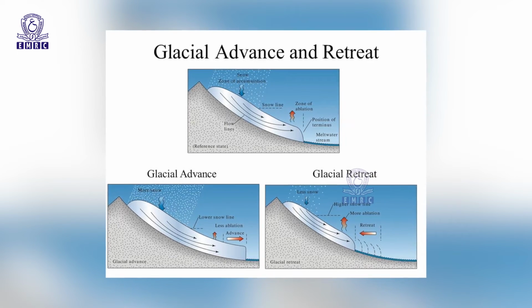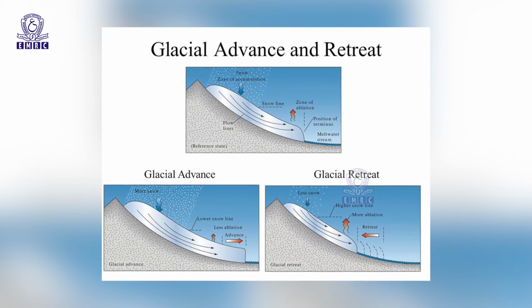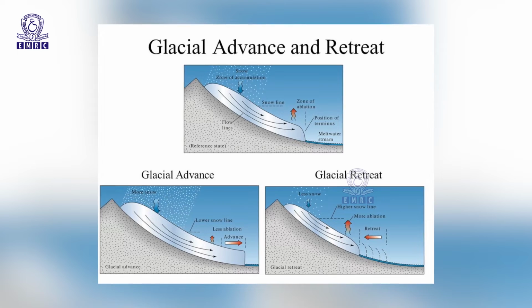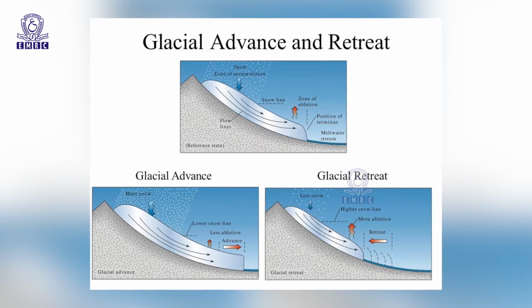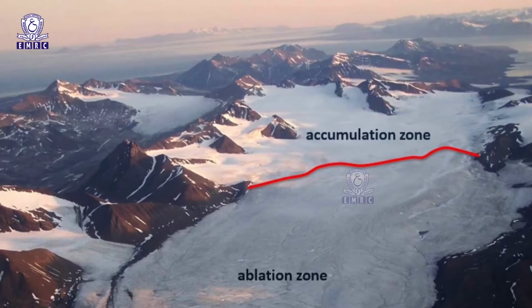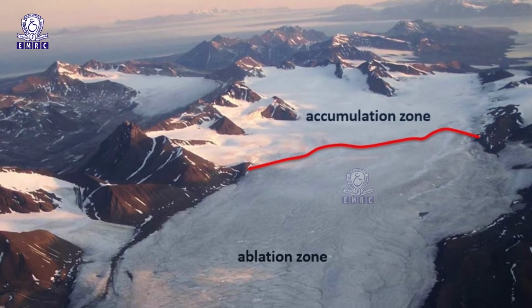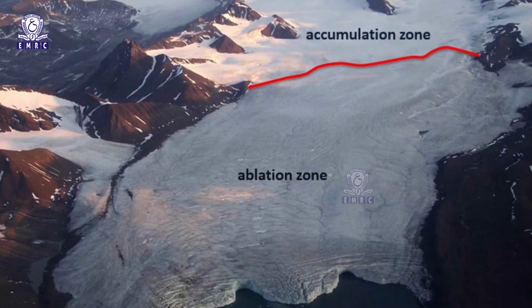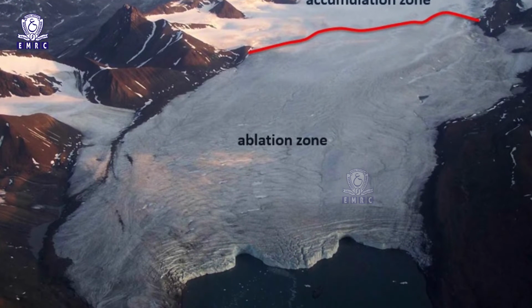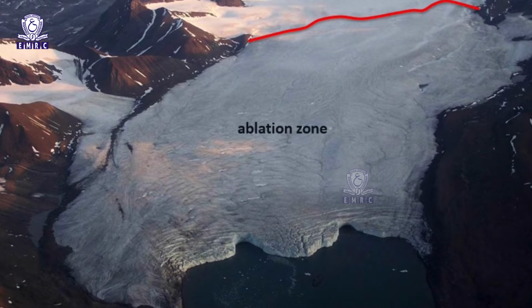The forward movement of the glacier is called advance of the glacier, while the withdrawal of the glacier is known as retreat of the glacier. The destruction of the glacial front due to the melting of ice consequent upon the increase of temperature is called ablation of the glacier. Ablation thus means the loss of ice by melting or evaporation.